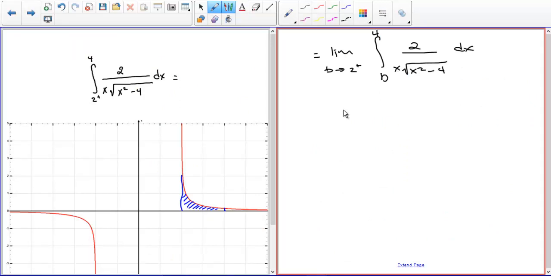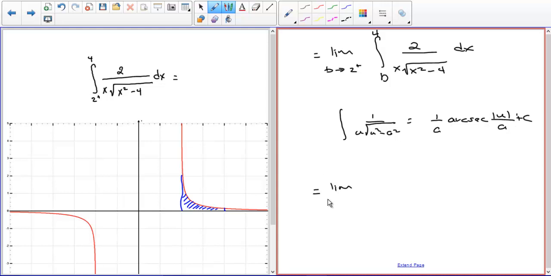So if you go to the integral tables, what you'd find is that the integral of 1 over u times the square root of u squared minus a squared is equal to 1 over a times the arc secant of the absolute value of u over a plus c. So we can do the integral just by using the integral tables.